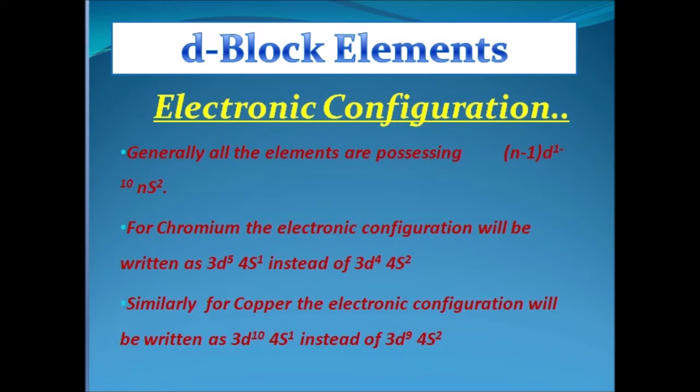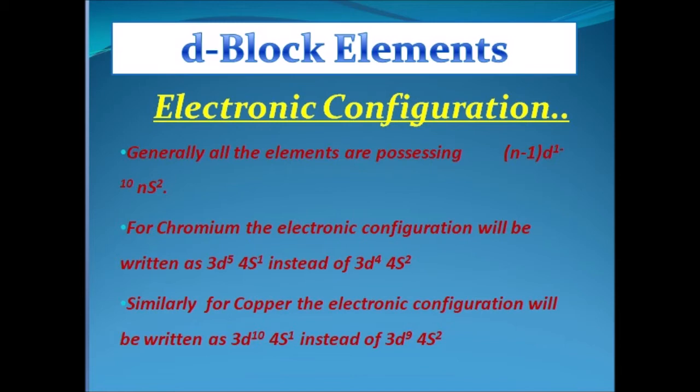For example, for scandium it will be 3d1 4s2. For vanadium it will be 3d3 4s2. But for chromium we may expect 3d4 and 4s2, but it is not like that. It will be 3d5 and 4s1.